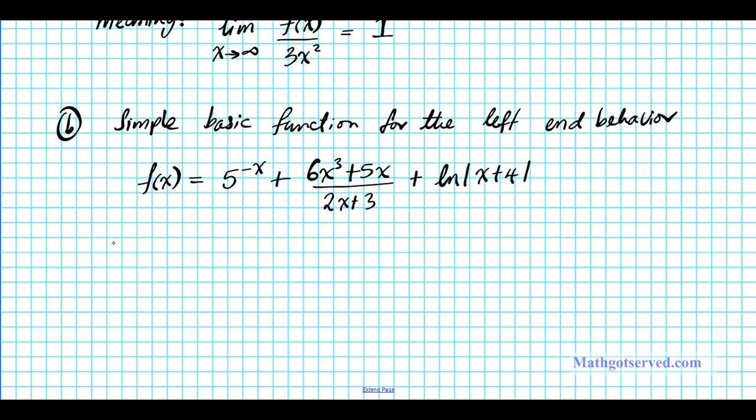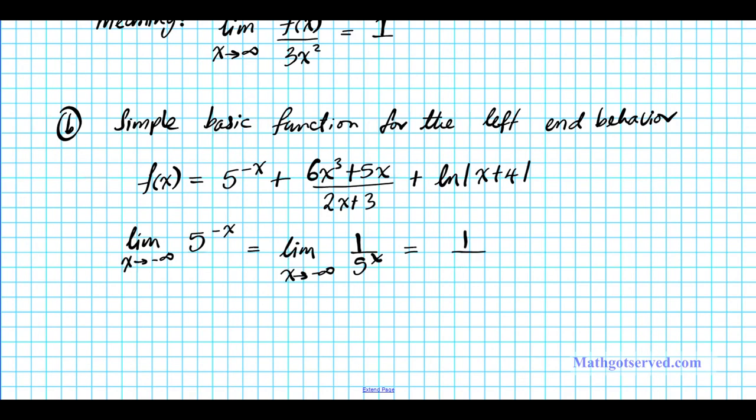For the first one, we're going to do the limit as x approaches negative infinity of 5 to the negative x. You can express this as the limit as x approaches negative infinity of 1 over 5 to the x, and then we can do a substitution.